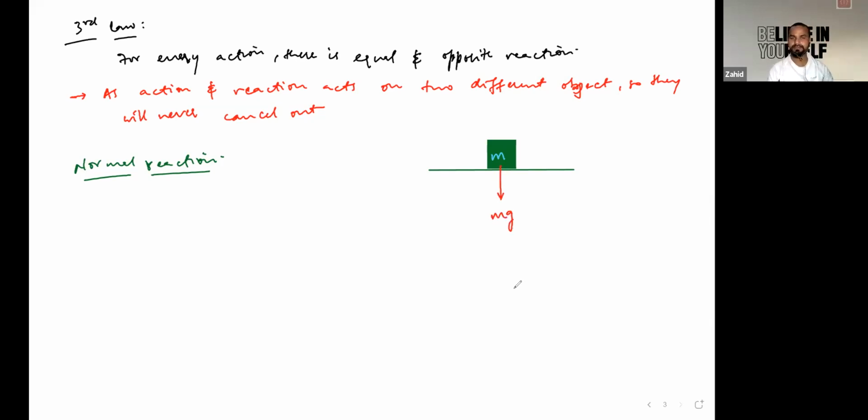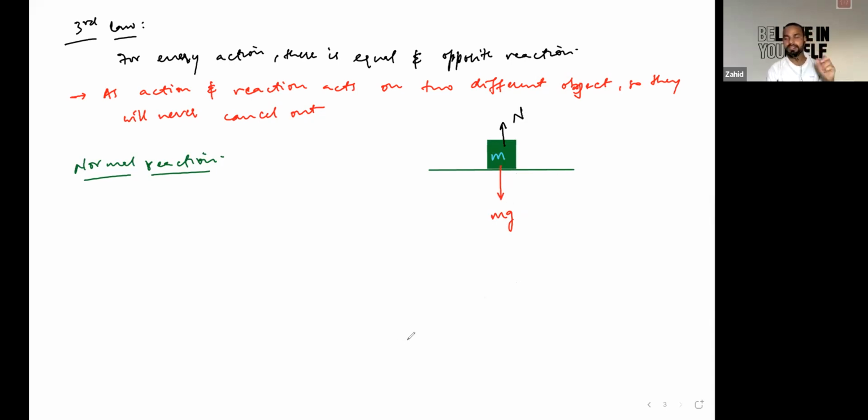We call it mg. So in turn, to balance this gravity, as this block is not going down, this surface must be applying some force against this action in the opposite direction. We call it normal reaction.